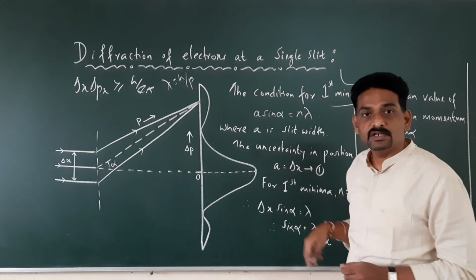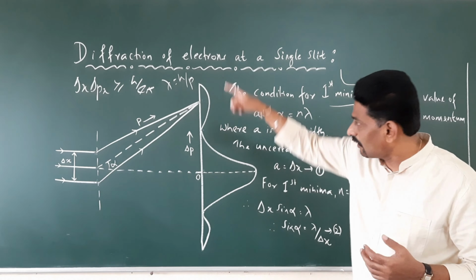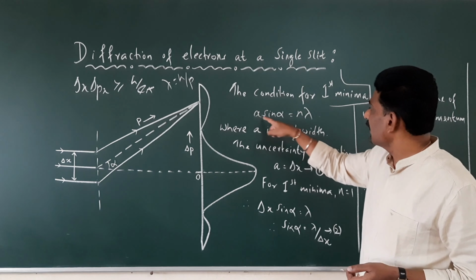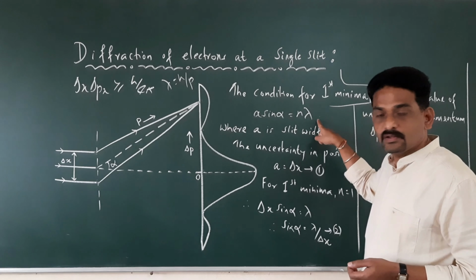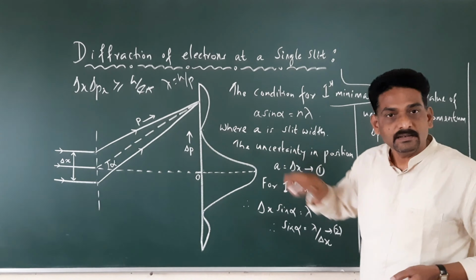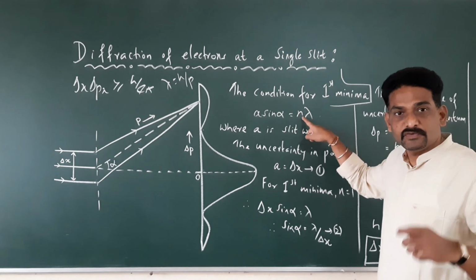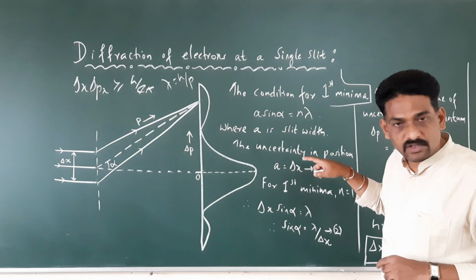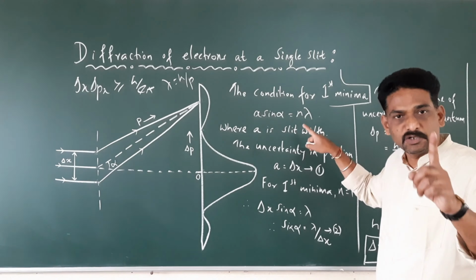So we have a condition for first minima on the screen. What is the condition? A sin alpha equals n lambda. Now we know A is delta x. Alpha is the angle. And if you take n equals 1, which corresponds to the first order, for simplicity, we take n equals 1.